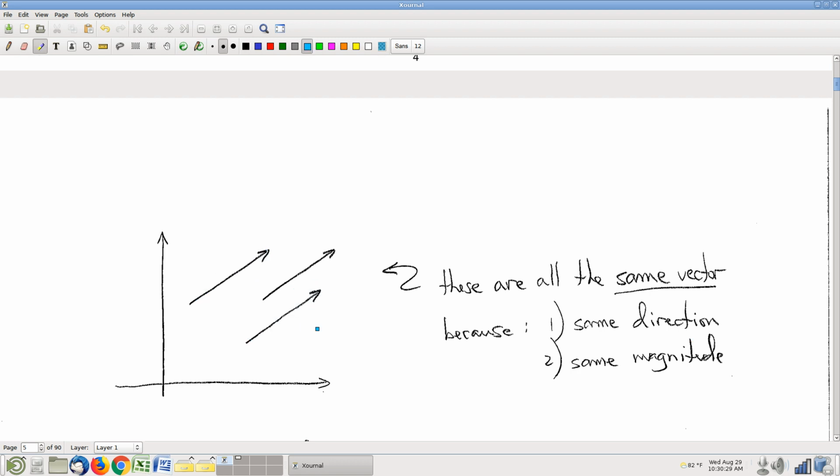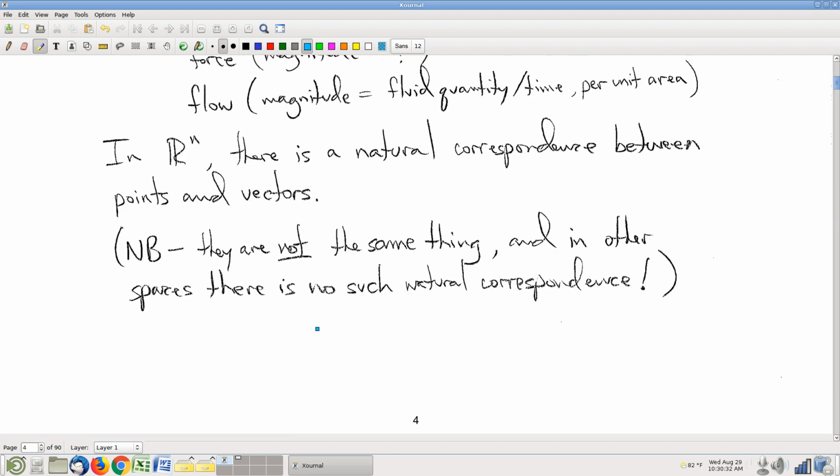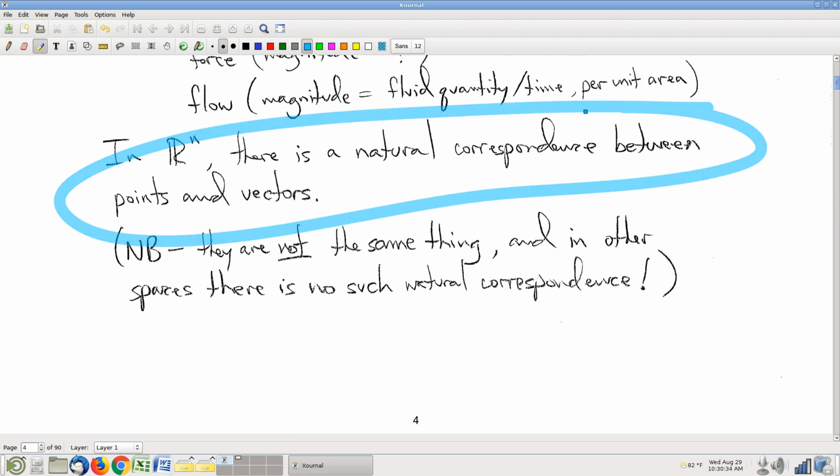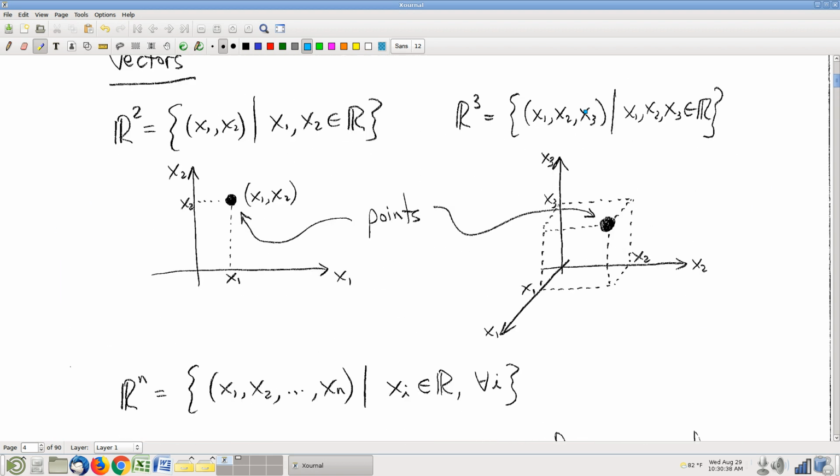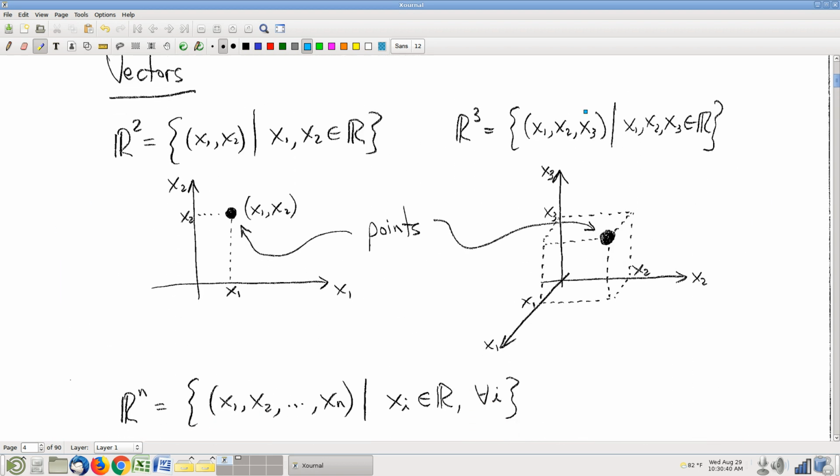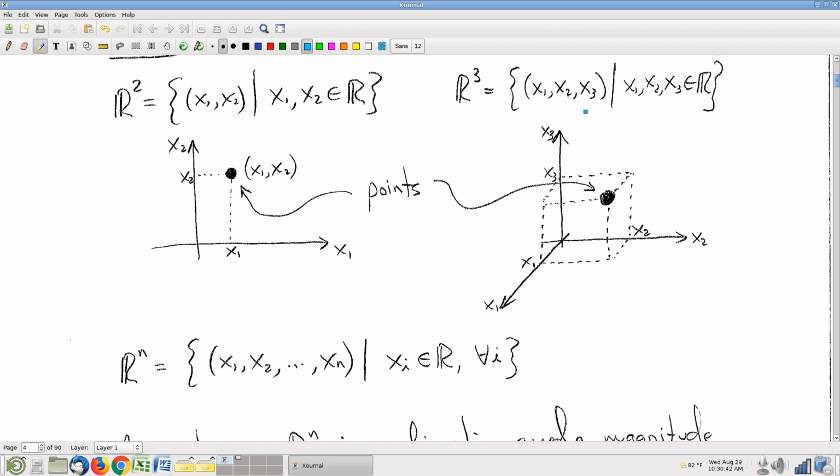Okay. There is a natural correspondence between points and vectors. Now that's a little weird if you think about it. Points are locations. I don't see any directions in this story. What's the magnitude of that point? Points don't have magnitude. Points are infinitely small little things.